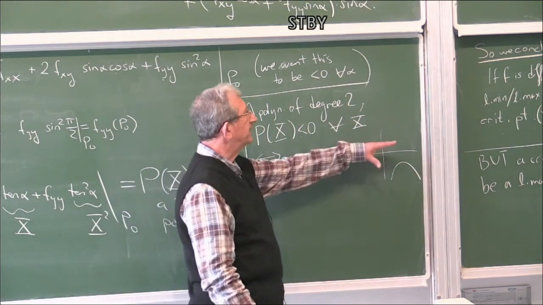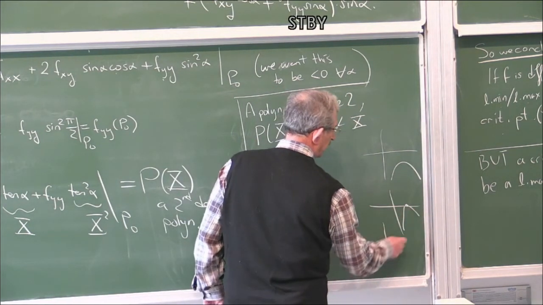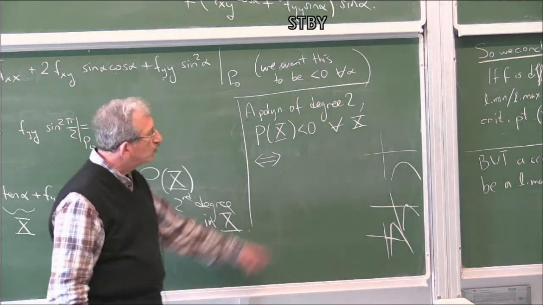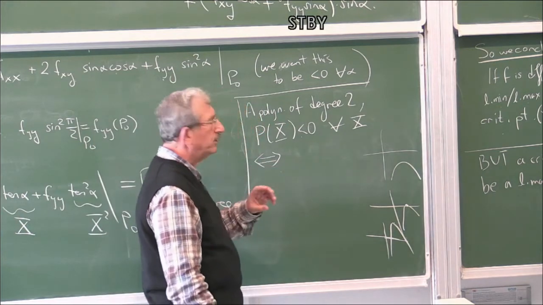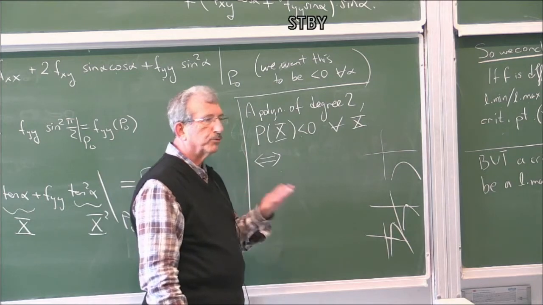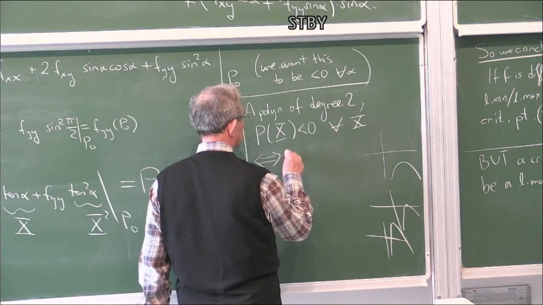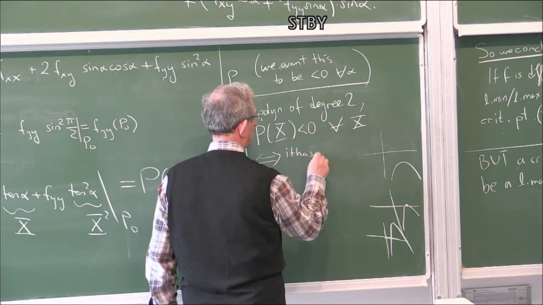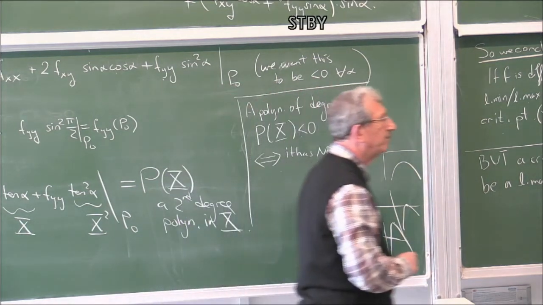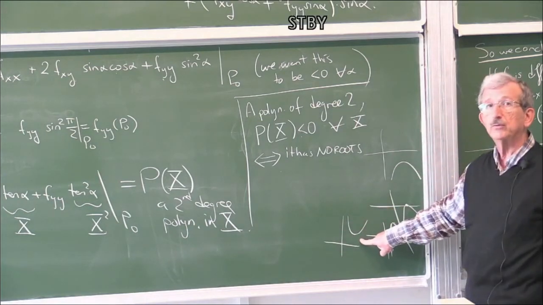If it intersects the x-axis at one point, it's not always negative. If it's further above, it's even positive at some points. So to guarantee this, first of all, it must not intersect the x-axis. In other words, it will have no roots. So if and only if, okay, it has no roots, but no roots is not enough because, I mean, such a parabola also has no roots.